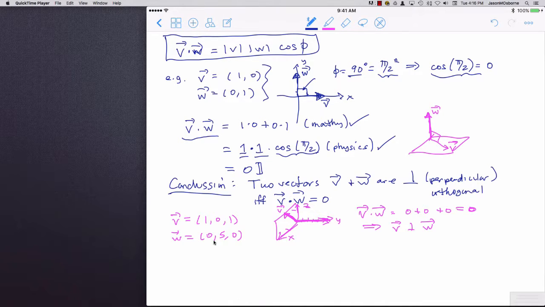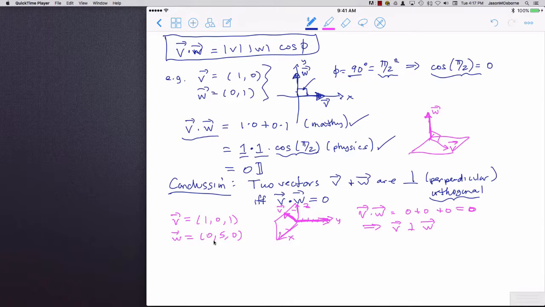And the conclusion that we can draw is that two vectors v and w are perpendicular, sometimes called orthogonal. Perpendicular and orthogonal are synonymous. Two vectors v and w are perpendicular if and only if the dot product v with w is 0.